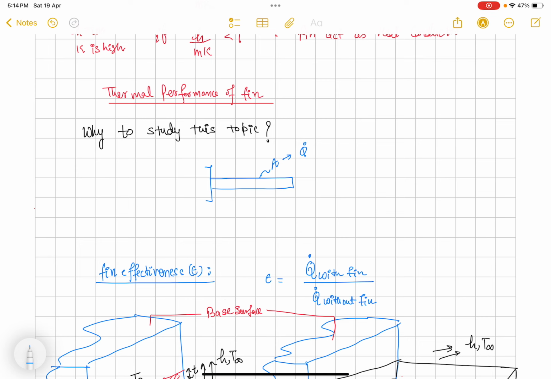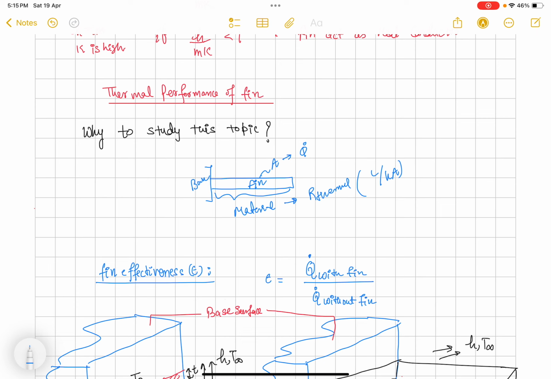However, when we are attaching the fin to the base, we are actually attaching solid material, which itself poses thermal resistance, let's say L by kA, to the base material, right?